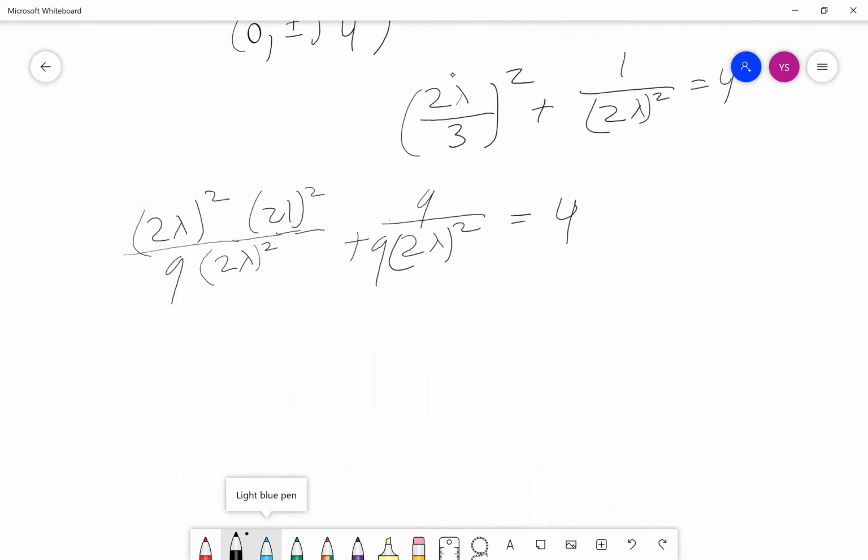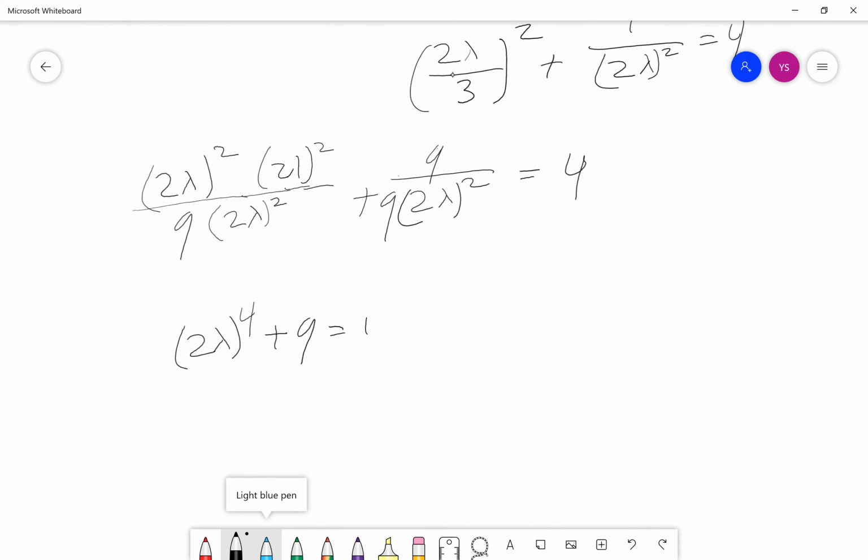So now we can put these together and we get 2 lambda to the 4th power plus 9 is equal to 4 times 9 times 2 lambda squared.